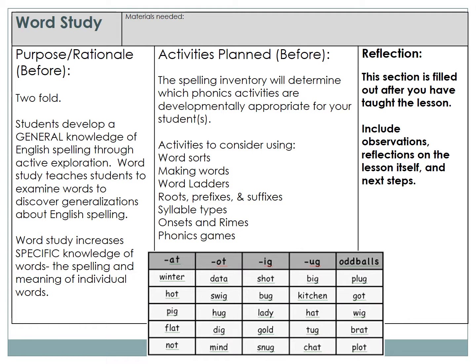It also increases specific knowledge of words, and you will incorporate word sorts as well as many other activities within this intervention time. Word sorts, word ladders, making words, Greek and Latin roots for the 4th and 5th graders, syllable types. The opportunities, the activities are endless that you can incorporate here.